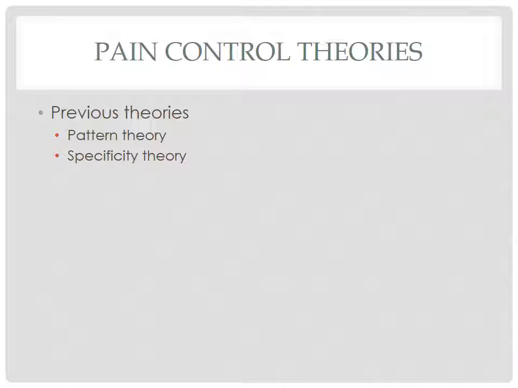A couple of years down the road, we discover, well, there are pain receptors. That took us to what was called the specificity theory. Now we have these pain receptors, and the thought process was that these pain receptors just link to areas of the brain, and that's how we know where and how much pain we're having.